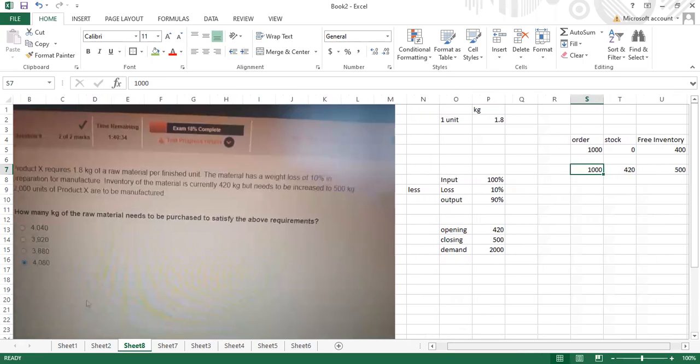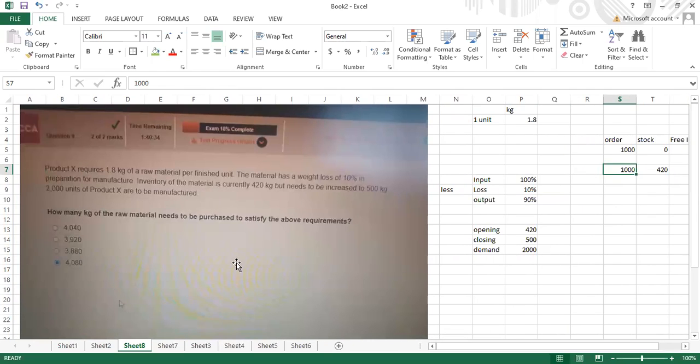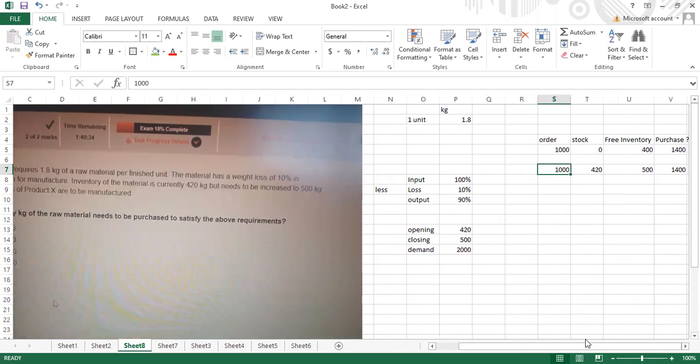Here the 2000 is mentioned in unit form, and the opening and closing are given in kgs. So if I say what is the demand here, 2000, okay, and you need to multiply 2000 with this.